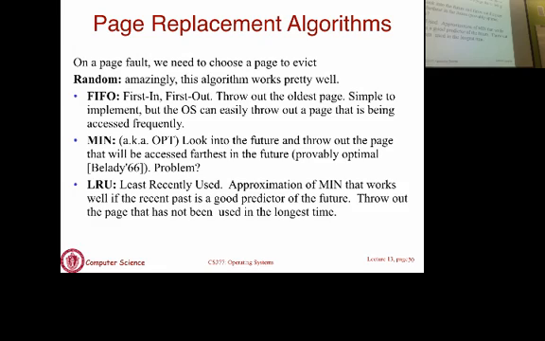If you look at how many page faults MIN gives you, there's no policy that's going to give you any less than that. It always has to be at least that or more. So in other words, this policy is going to minimize the number of page faults. If you could know the future, you could have a policy that gives you the absolute lowest page fault rate that any system can give. Okay, that's MIN, and we'll look at this in more detail.